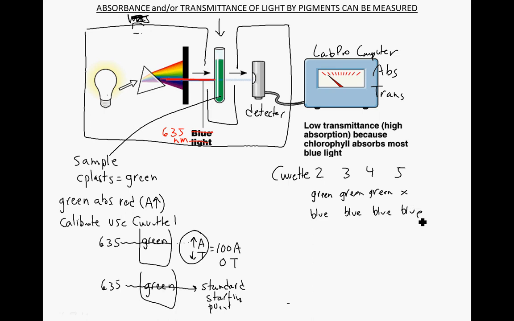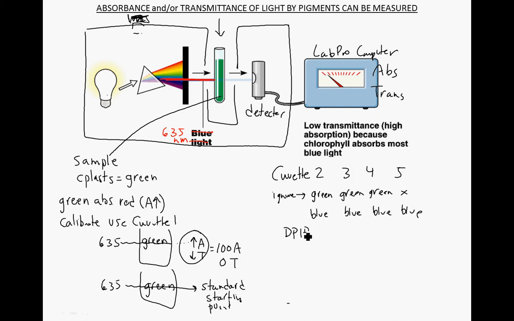So we've told the machine to ignore the green, or set this as 100% absorbance, pardon me, I'm tired, and 0% transmittance. But in cuvettes 2, 3, 4, and 5, you also have DPIP.